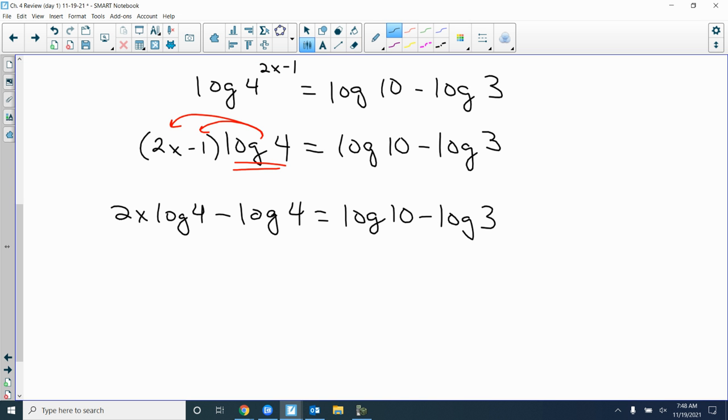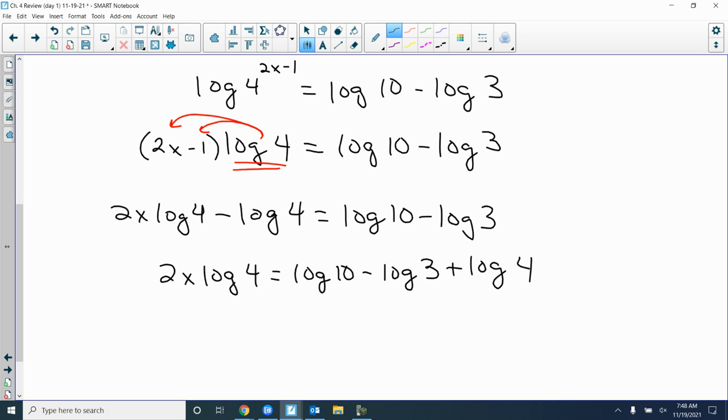Now I only have one term with an x. I have to add the log of 4 over. So I get 2x log of 4 equals log of 10 minus log of 3 plus log of 4. What do I divide by?